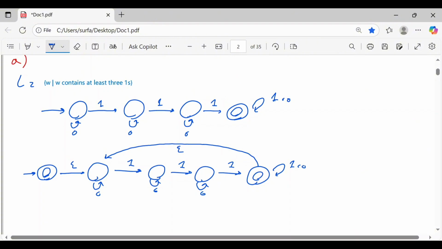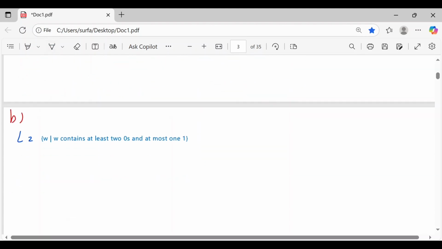And as you can see, this is the NFA that we construct for the language in part A. And now let's go to the next part.